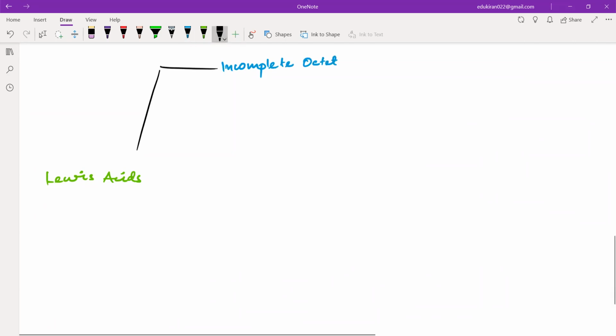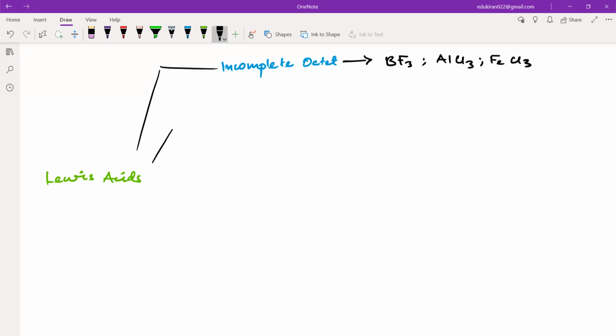That means they will have fewer than 8 electrons in their octet. Examples of these will be BF3. As you can see, only 3 bonds are present, no lone pair is present, and it has 6 electrons. Similarly, AlCl3. You can also write FeCl3. All of these have incomplete octets.